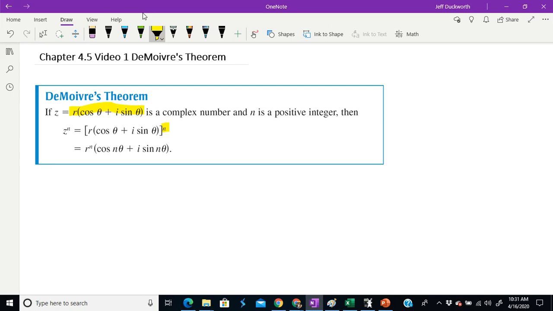One of them is r, and the other is cosine theta plus i sine of theta. So we raise each of those to the nth power. Well, r to the n is just r to the n. But the other thing, cosine of theta plus i sine of theta raised to the n power, we get to just basically drop the n into the function, which is amazing.